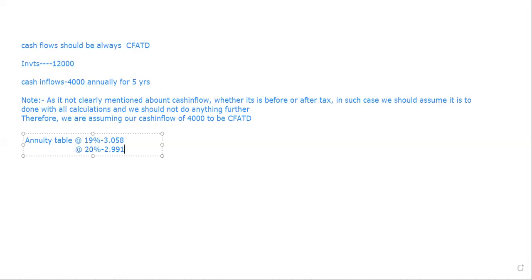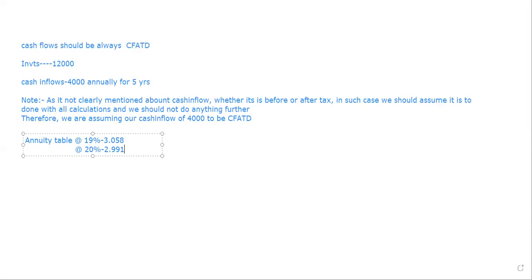If both are positive or both are negative, we cannot get the solution. Even if we get it, that is not a trustworthy solution on which we can make any decision. So if you want your decision to be genuine and to benefit you in the future, then one present value should be positive and one negative. It is a must. So that is the reason we are going to check two things.